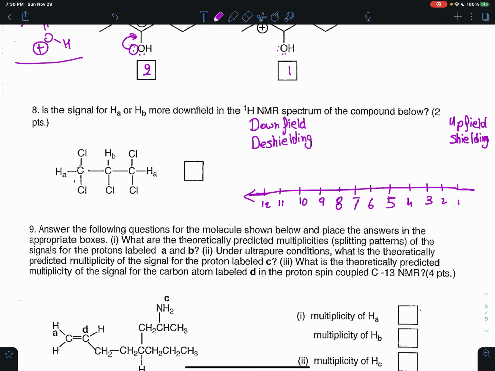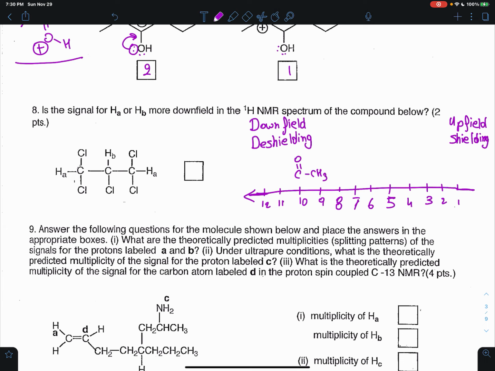For a structure to be more downfield than another, or in this case a hydrogen being more downfield than the other, the reason is that the electron density is pulled away. An example would be something like a ketone, C double bond O, CH3.